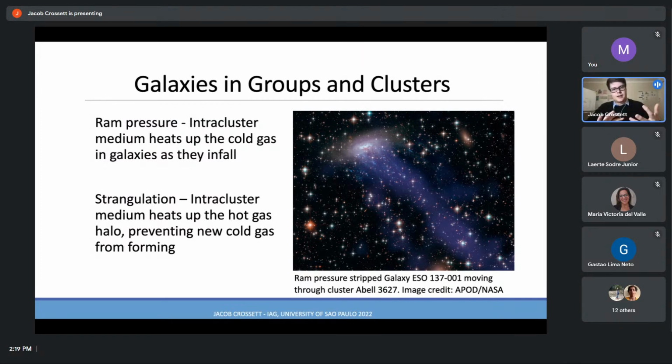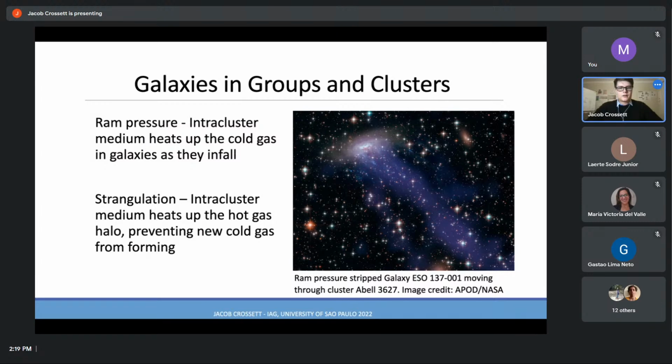And this hydrodynamical interaction between the intracluster medium and the gas within an infalling galaxy causes the gas to be heated up and often stripped out of the galaxy. This can then mean the galaxy has been depleted of its gas and can't form new stars, and as such it'll finish its star formation and become a lot more passive.